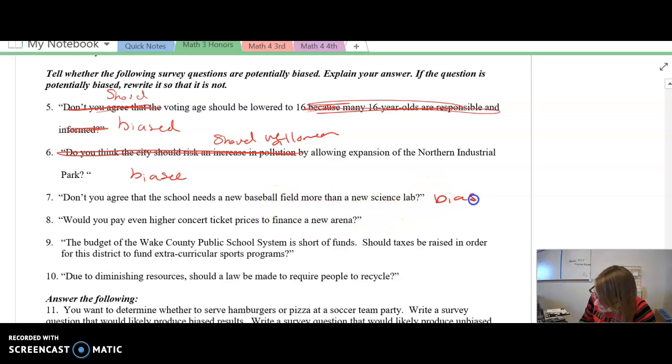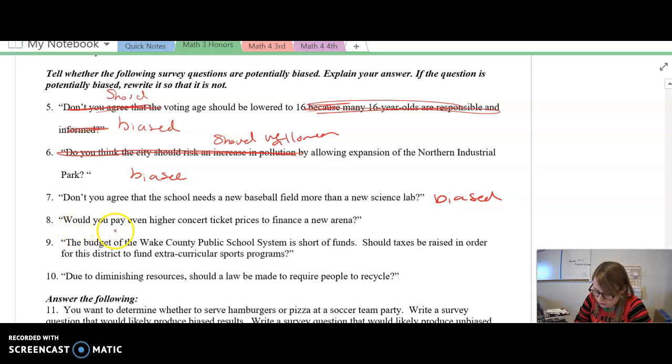Again, this is biased because it's not really about whether it's a science lab or a baseball field. You should ask the question, would you rather have a baseball field or a science lab? You're just asking science or baseball, nothing else.